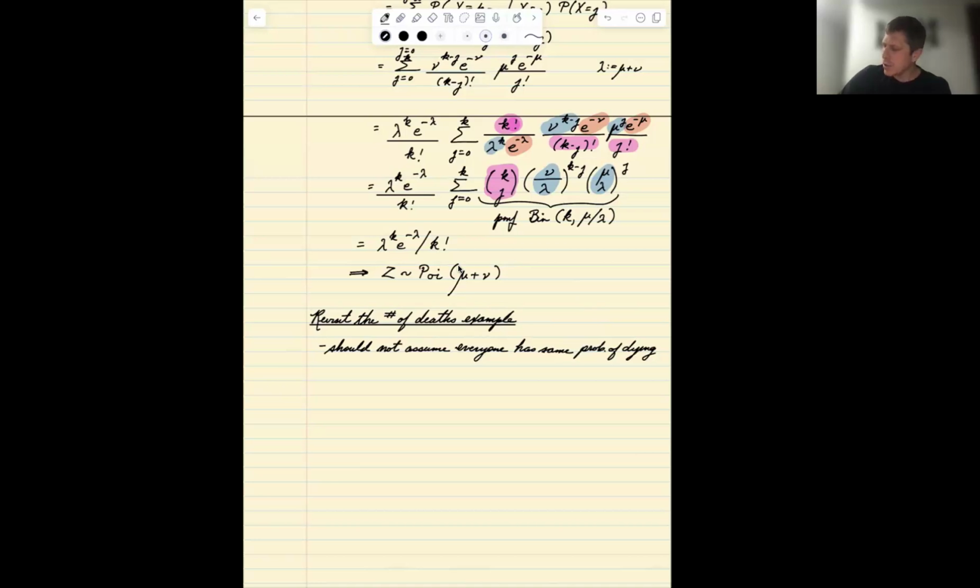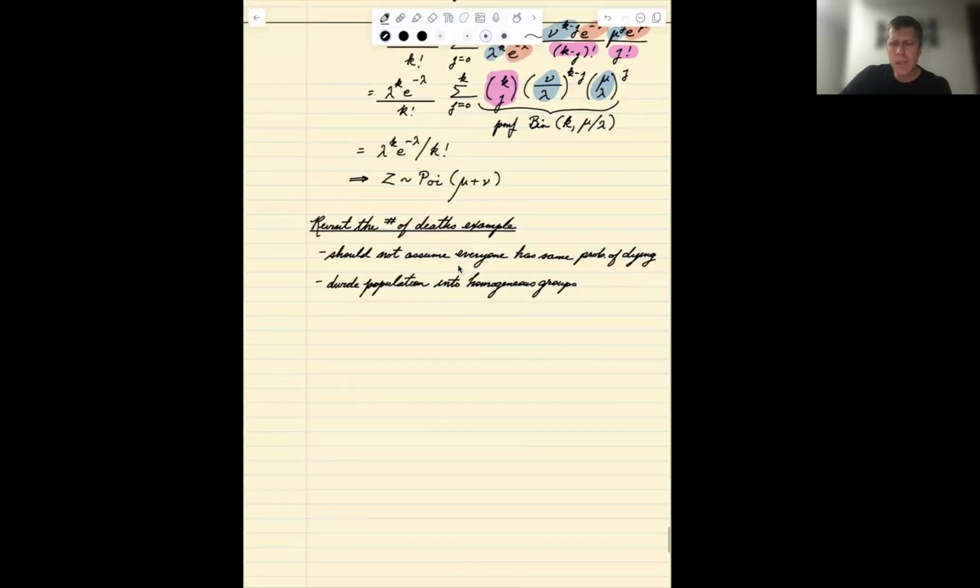Instead, what we should do is divide the population into homogeneous or semi-homogeneous groups. And then within each subgroup, the number of deaths is approximately Poisson.